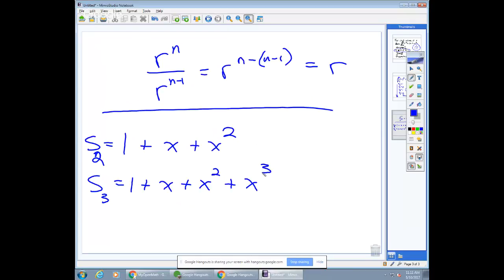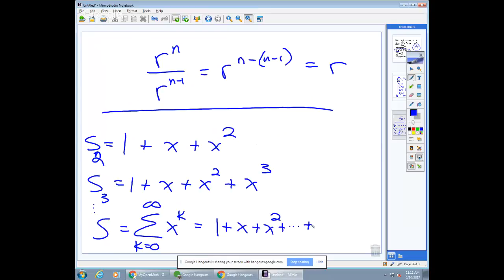Now, generally, we're not just interested in the partial sums, we're interested in watching what happens as we let the sum grow forever. So S, no subscript, is that infinite series as k goes from 0 to infinity of x to the k, which would be 1 plus x plus x squared, dot, dot, dot. Eventually, there's going to be something called x to the k, whatever k is, and it just keeps going forever and ever and ever.